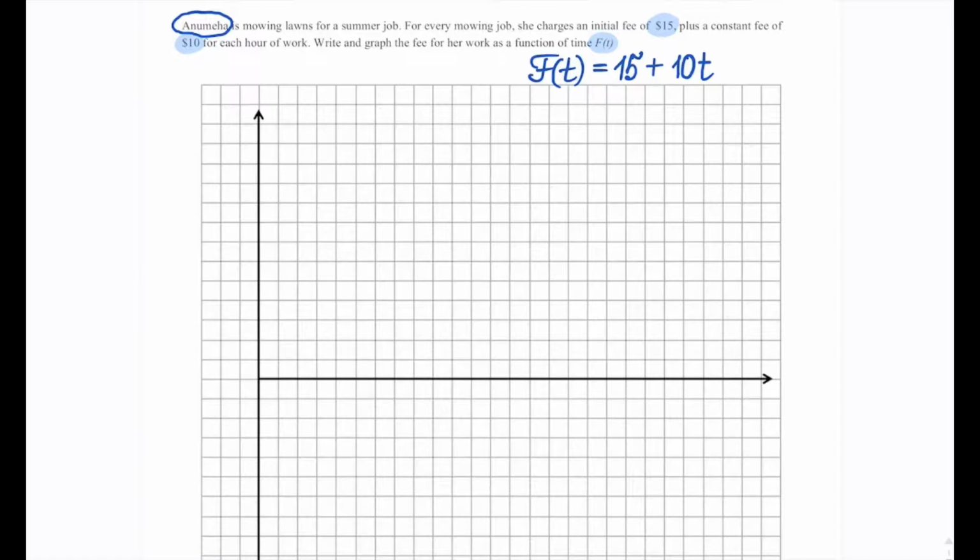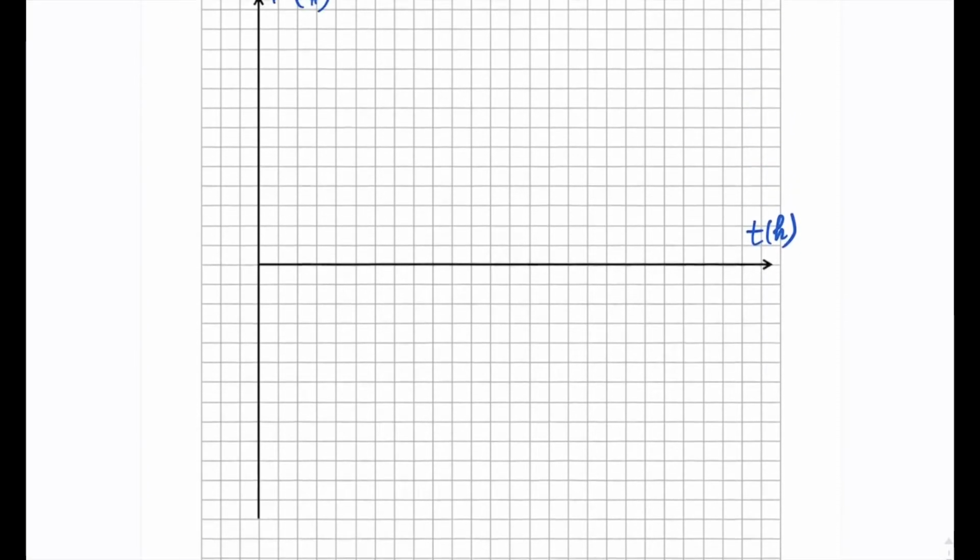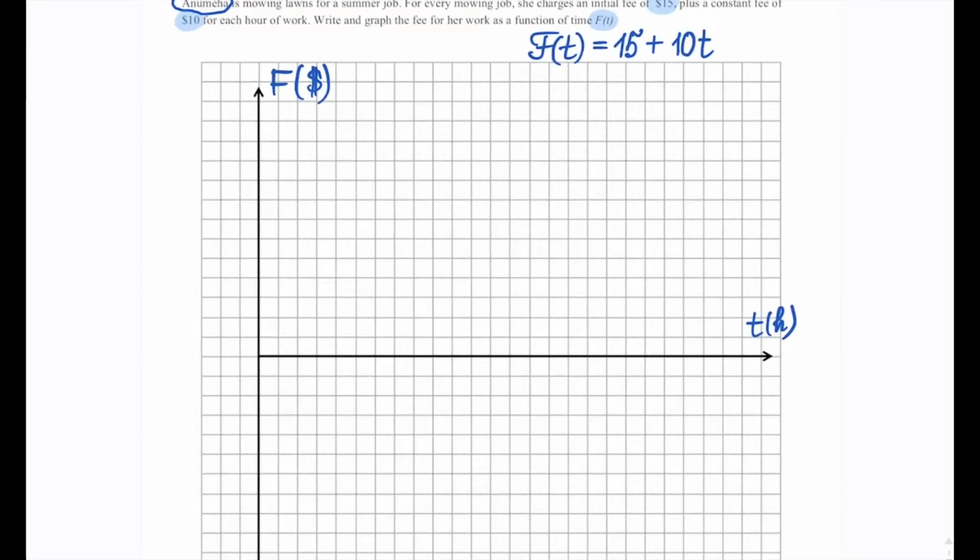Now we need to graph this function. The independent variable is t in hours, and the dependent variable is f in dollars. Now how do I choose my scale? They want me to have 5 hours. Well, this is 1 hour, then 2, 3, 4, and 5. So that's my 5 hours.